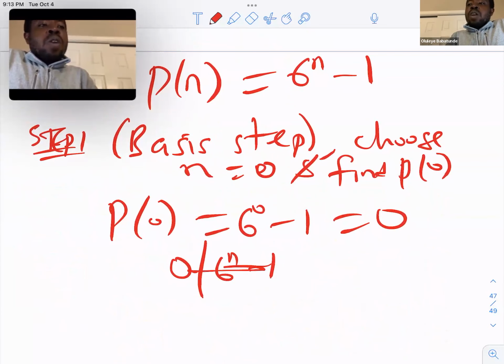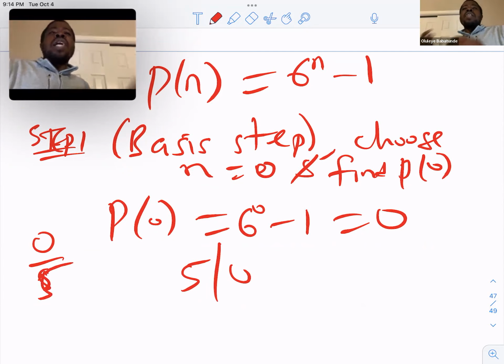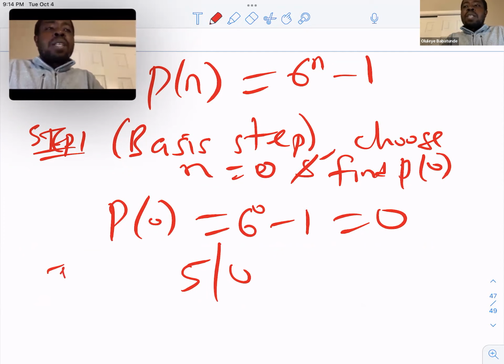I have to do it the other way around. That is, you can write 0/5. So I'm using 5 to divide 0. You can divide 0 by any number. You can have 0/4. So that is very, very trivial in mathematics.